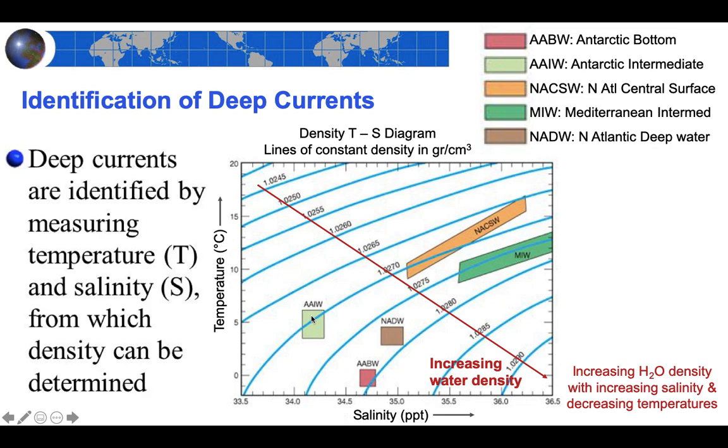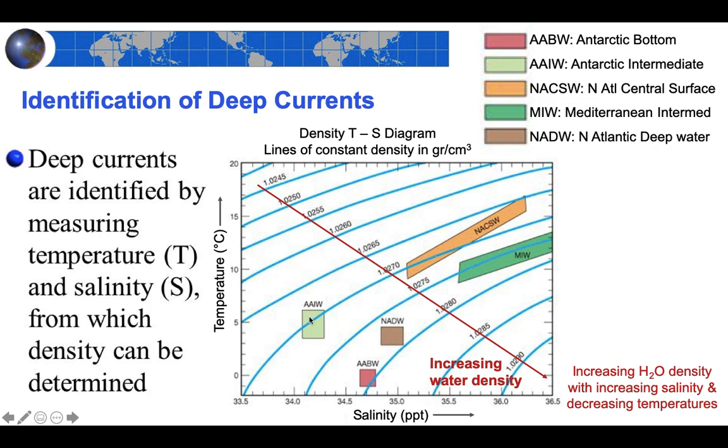So here, cold temperatures make up for the density of the Antarctic intermediate water, whereas here, the high salt content and high salinity make up for the higher density of this particular water mass.